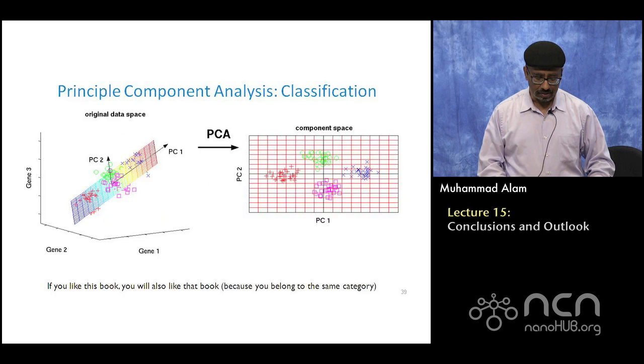So the most important one that has been known from the early 19th century is something called principal component analysis. And what you do here is that when you have multidimensional data, for example, here gene 1, 2, and 3, you project it on a two-dimensional plane using a known mathematical procedure called principal component analysis.